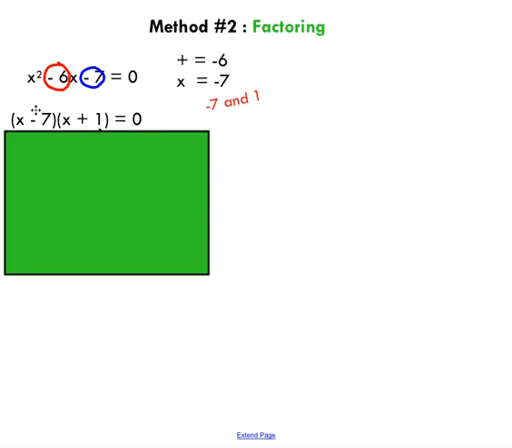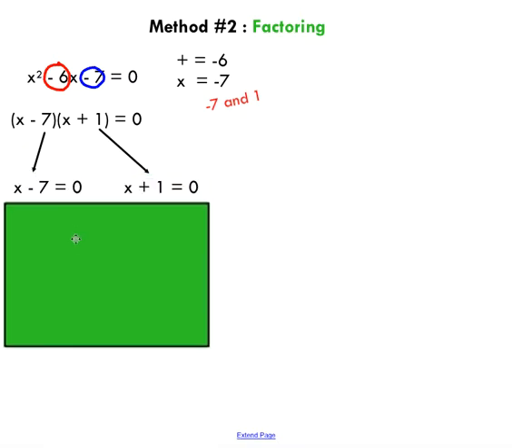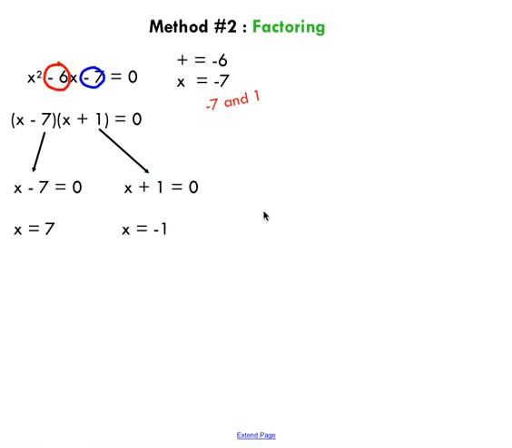So what I'm going to do is I've got two binomials here, and the product of these is equal to 0. Now there's a property that says if one of these is equal to 0, so for instance, if this bracket here was equal to 0, 0 times anything is 0. And that can happen for each of these binomials. So what I can do is sort of solve these two separately, and I do that in the same way as the last method where I ended up with two x-intercepts.